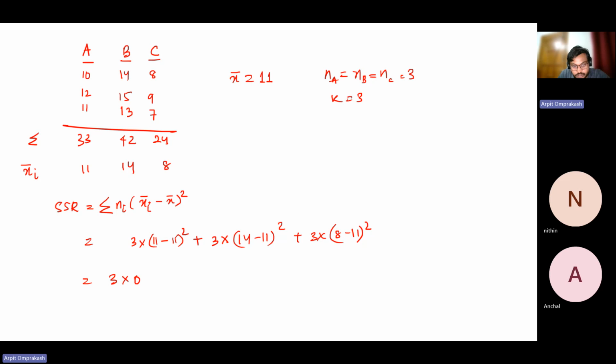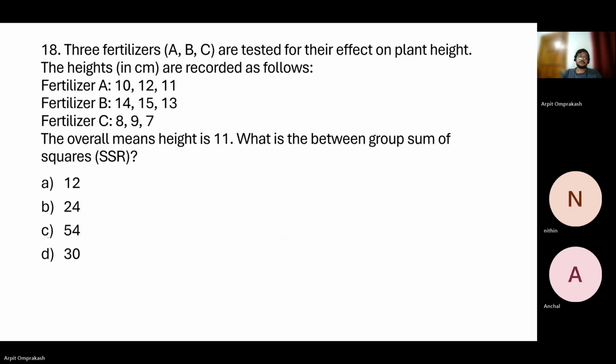This is 3 into 0, plus 3 into 3 square, plus 3 into 3 square. This is 0 plus 27 plus 27, equal to 54. The answer here is option C, 54.